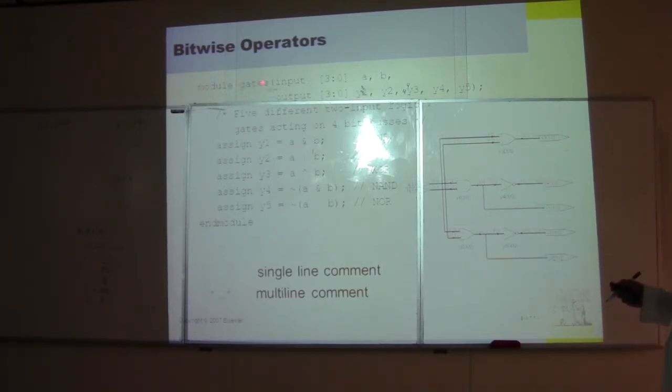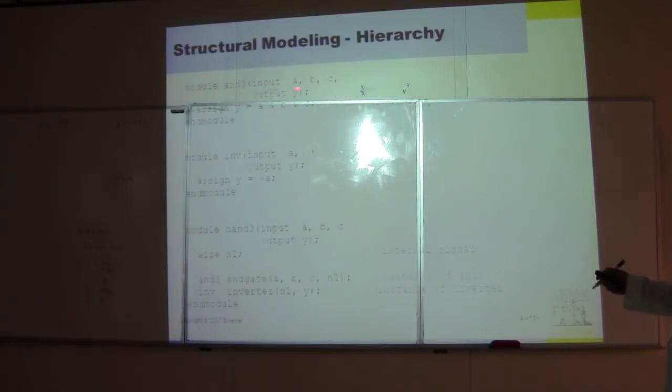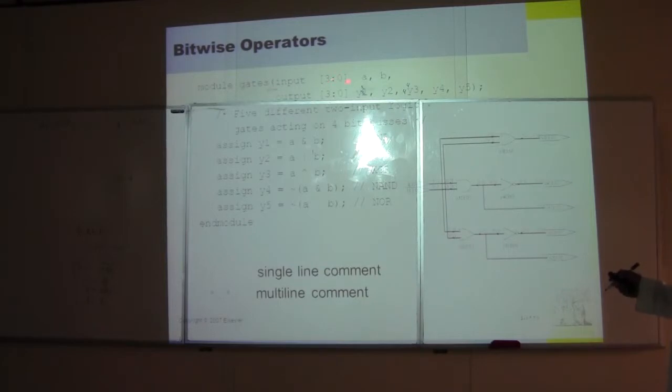So module gates, input A, B, but there is something extra here. Can you see? Here there is nothing, but here in the input there is something like [3:0]. Same here, output [3:0], Y1, Y2, Y3, Y4, Y5.